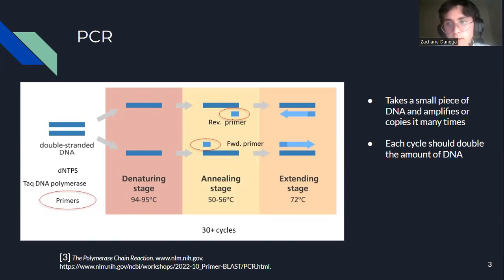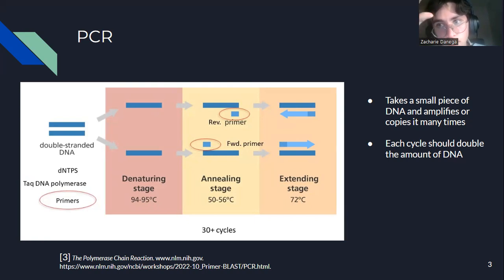Now, that's if you have everything you need for the cycle to work. So you need your double-stranded DNA, your sample, you need your dNTPs, you need a polymerase, and you need your primers. In each cycle, there are three stages. There's a denaturing stage where the DNA is heated up to the point that it denatures, leaving you with single-stranded DNA.